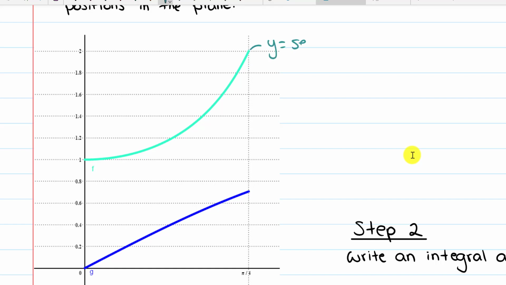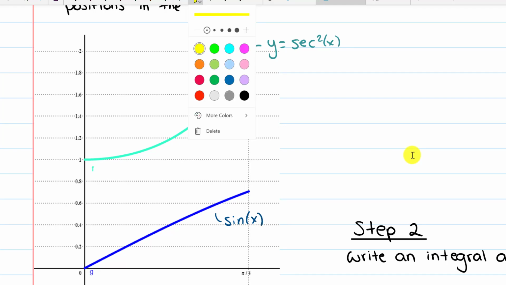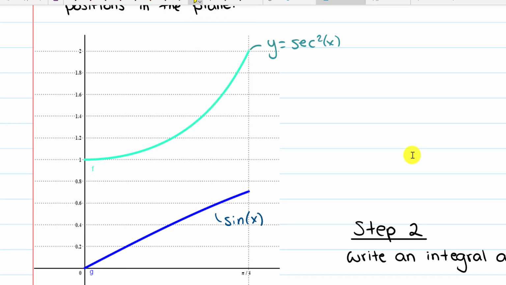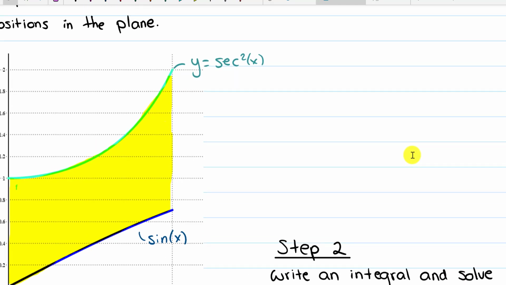So this is secant squared of x, and this is sine of x. And then go ahead, and I actually like to draw out the area between them. Alright, so that's done. And I want you to notice something. I want you to notice that y equals secant squared of x is always above the graph y equals sine of x.